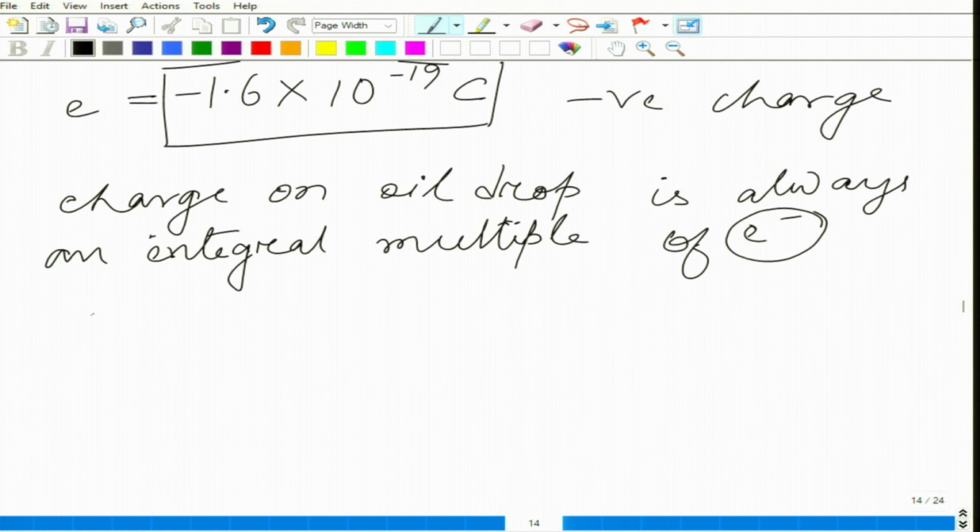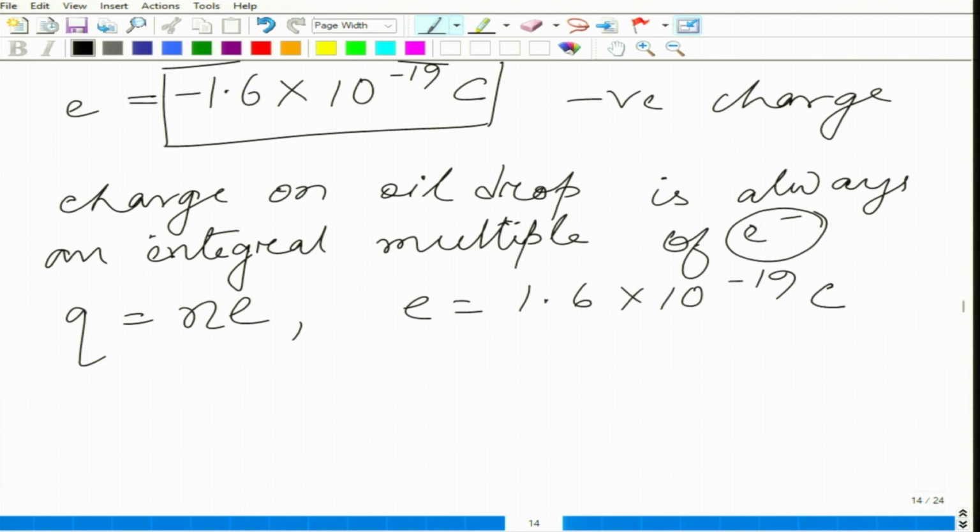That is, the charge of the oil drop is, suppose, ne, where e is this value, 1.6 into 10 raised to minus 19 coulomb, and n is any integral value: 1, 2, 3 and so on. So the charge was found to be an integral multiple of the charge of the electron.